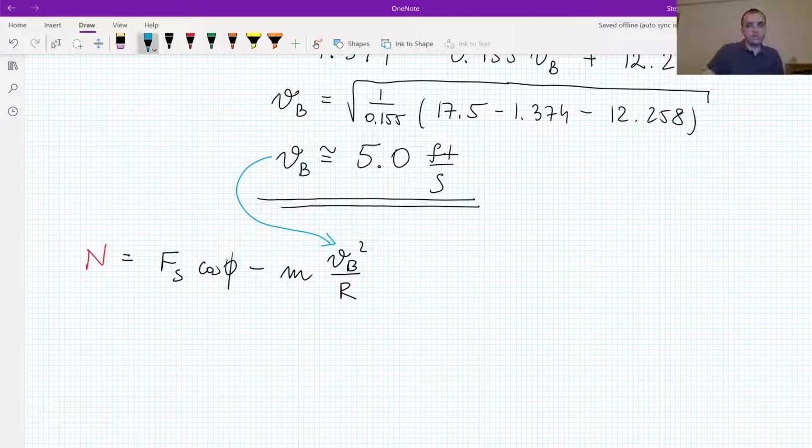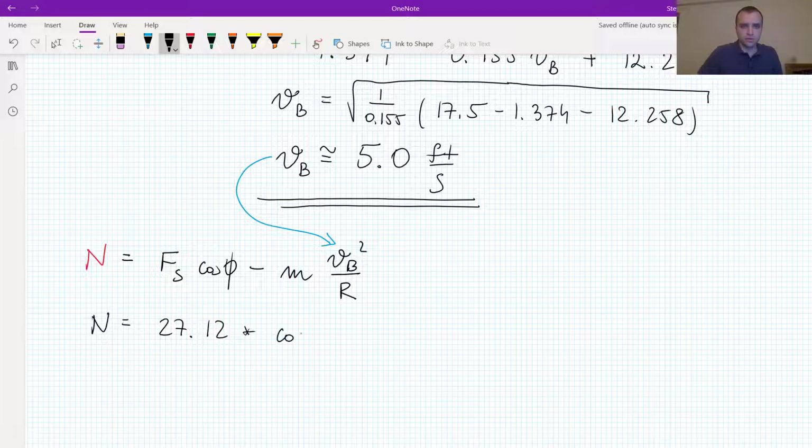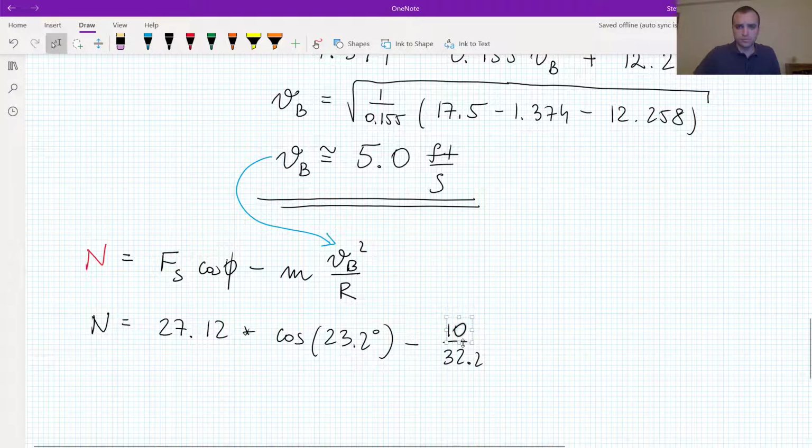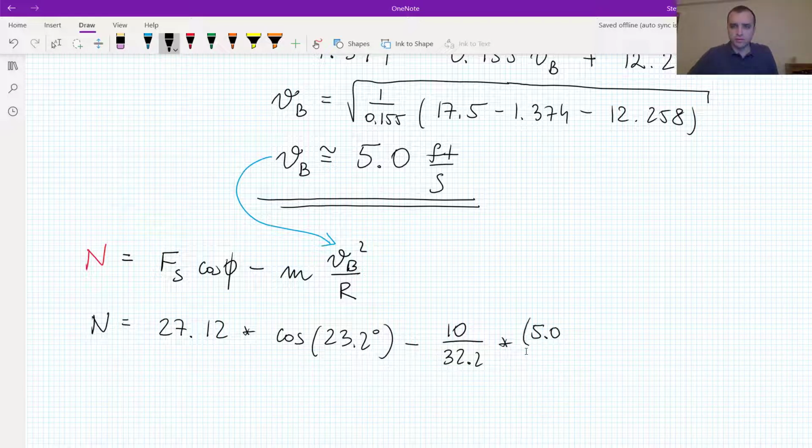If we do that, we will see that our N is equal to 27.12 times cosine of 23.2 degrees minus 10 divided by 32.2 times 5 squared divided by 1.75 feet.